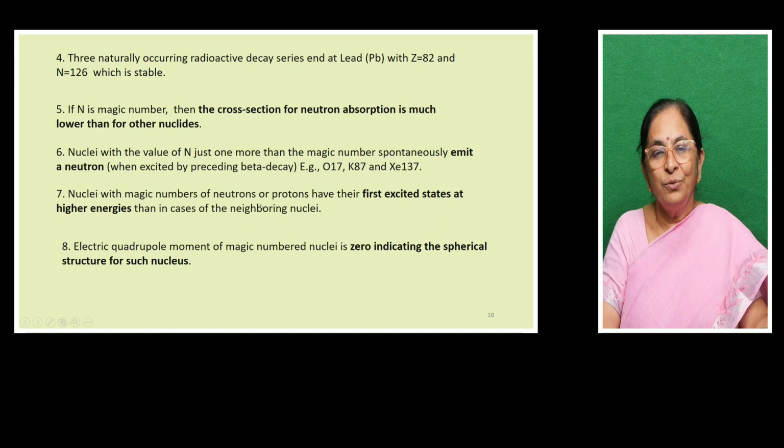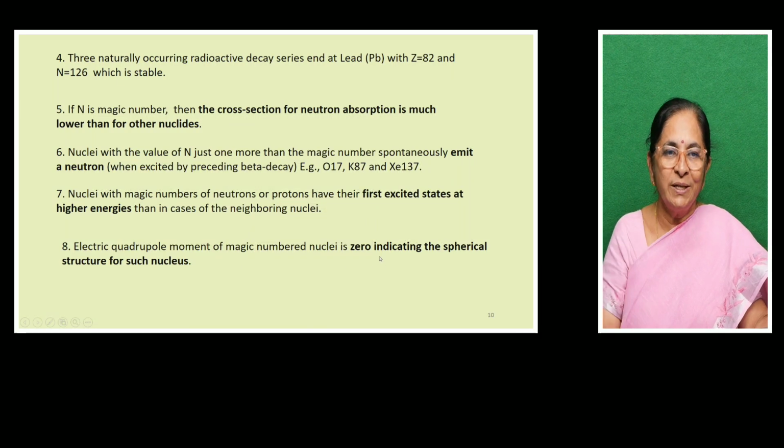Nuclei with magic numbers of neutrons or protons have their first excited states at higher energies than in the case of neighboring nuclei. And the electric quadrupole moment of magic number nuclei, all those nuclei that have a nucleon number equal to the magic number, becomes 0. If the electric quadrupole moment becomes 0, it tells that the shape of such a nucleus will be spherical in nature.